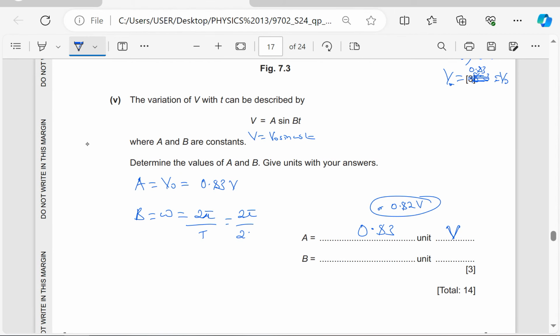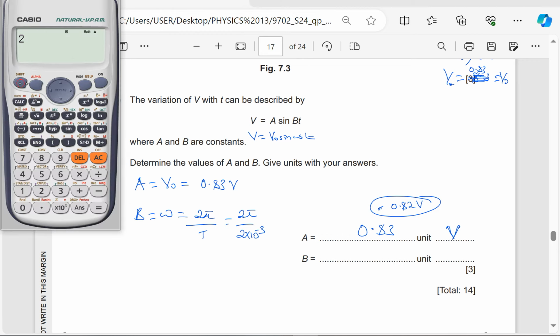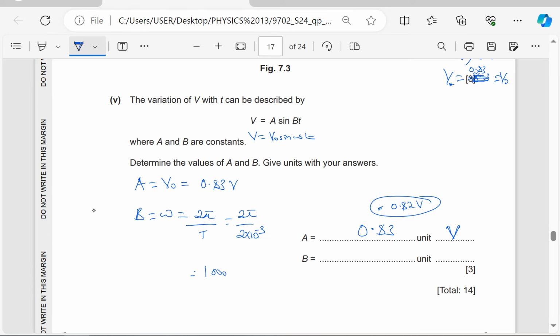So I'll say 2 times 10 to the power of minus 3. 2 pi divided by 2 exponent minus 3. So that is 1000 pi radians per second.